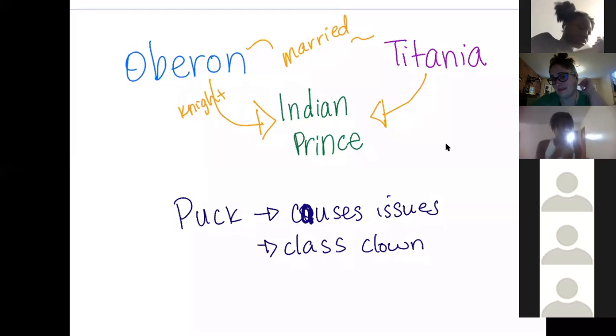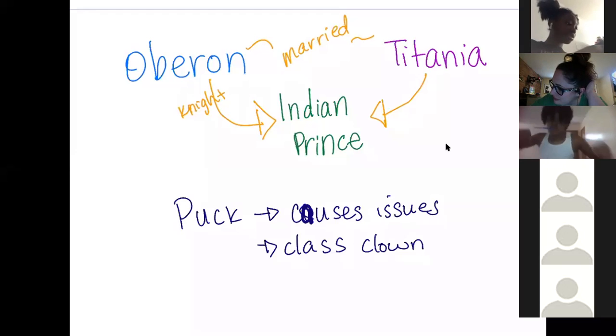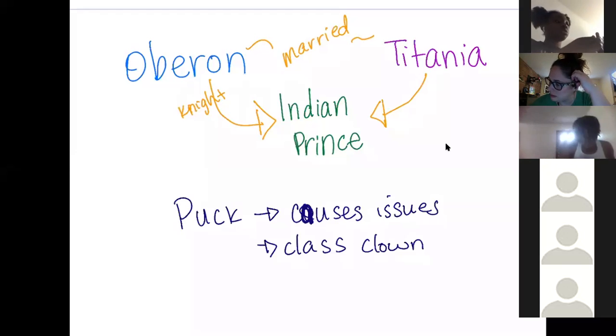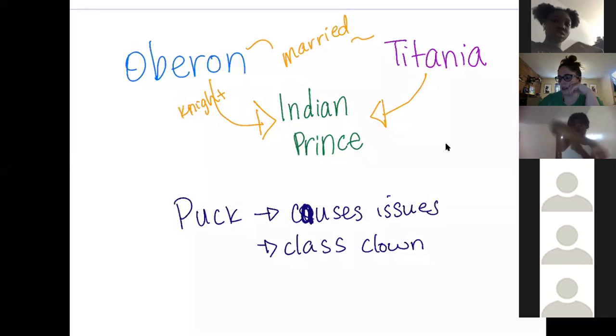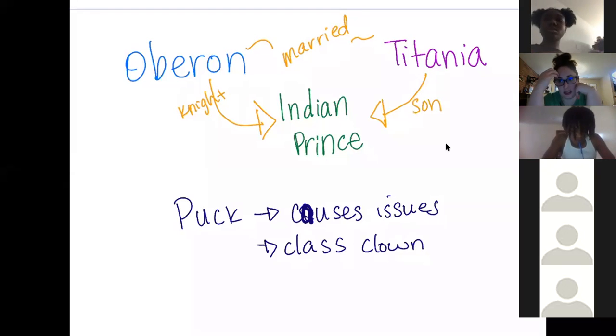Oberon and Titania both want the Indian prince, even though they're married. He wants the prince to be a knight for him, where Titania just wants him as a son.